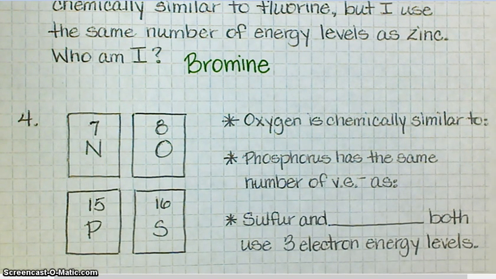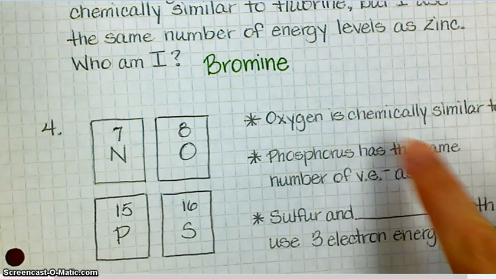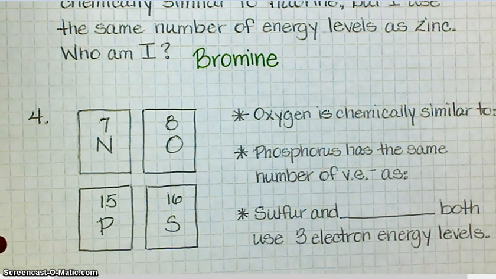You guys have learned that elements in the same column of the periodic table have the same number of valence electrons. And because they have the same number of valence electrons, they are chemically similar to those other elements in the same column. So oxygen is in the same column with sulfur. So oxygen is going to be chemically similar to sulfur.